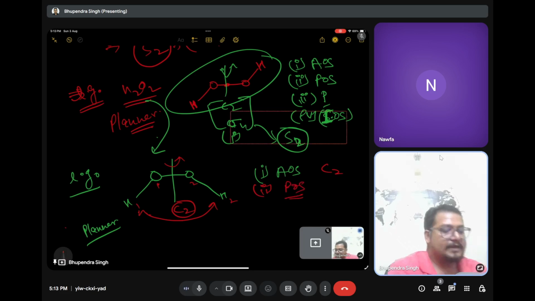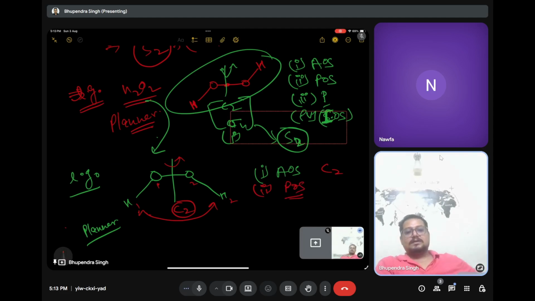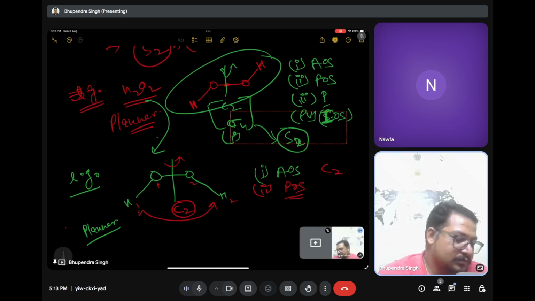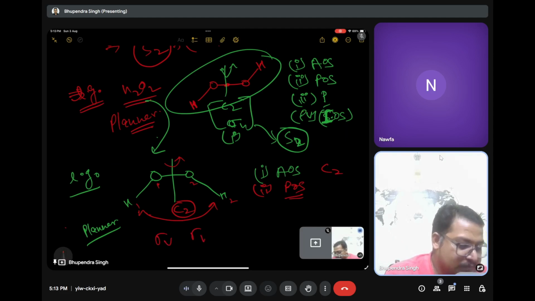Is there any plane present here or not? Yes. So which plane are you able to see? Let's say sigma V, sigma H. Which one are you able to see?